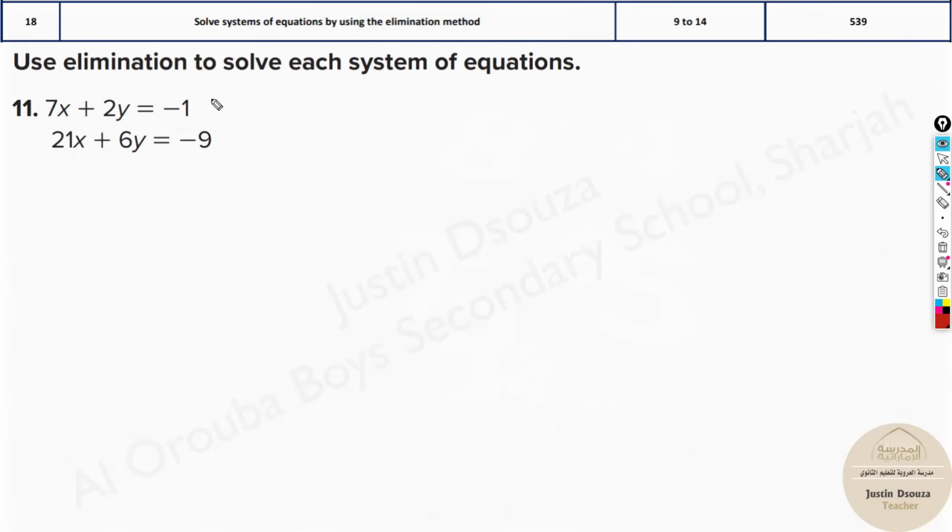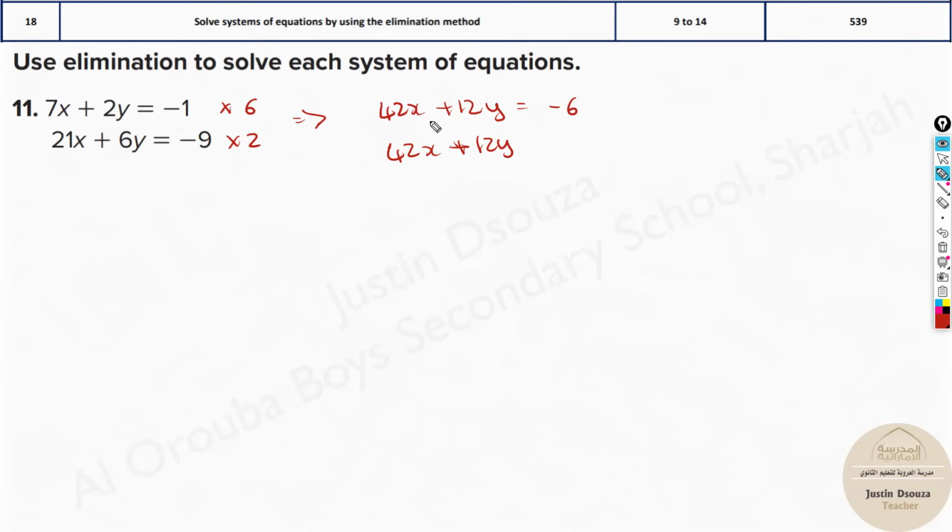I'll multiply the first equation by 6 and this by 2. The new equations formed are 7 times 6 is 42x plus 12y equals negative 6, and 21 times 2 is 42x plus 12y.